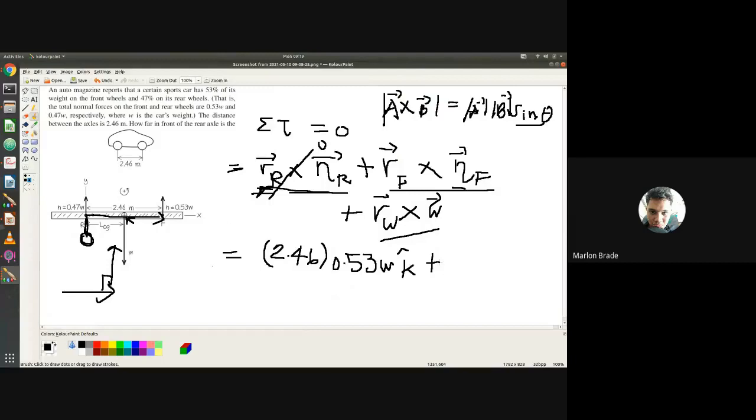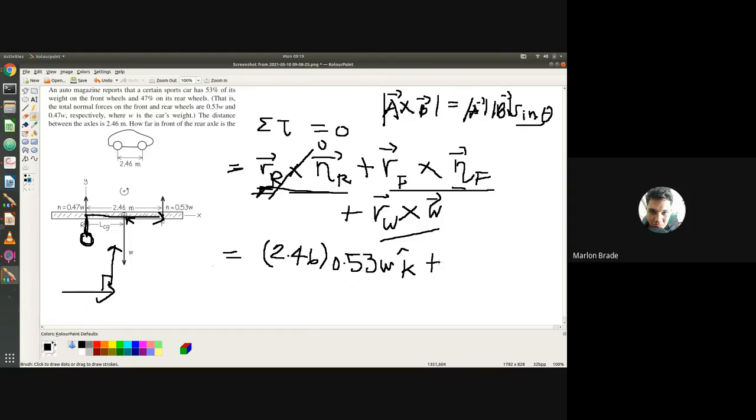So how far is the position of your center of gravity from the origin you chose in the drawing? 2.46 divided by 2? No. It's not necessary to divide by 2. You don't know how much.